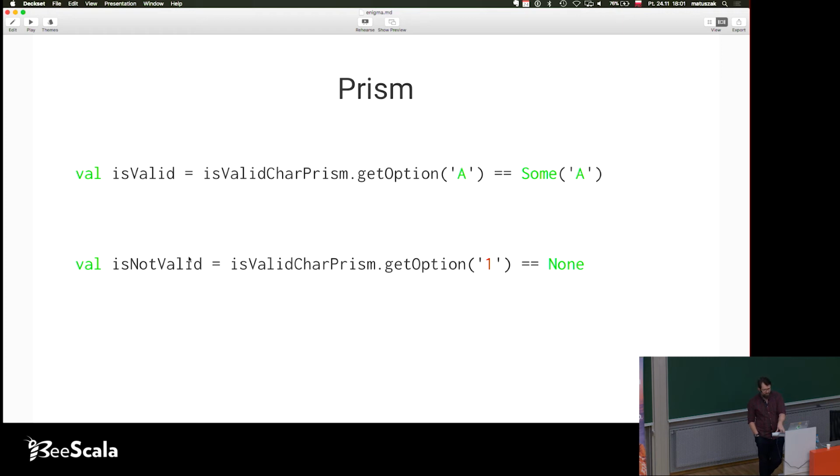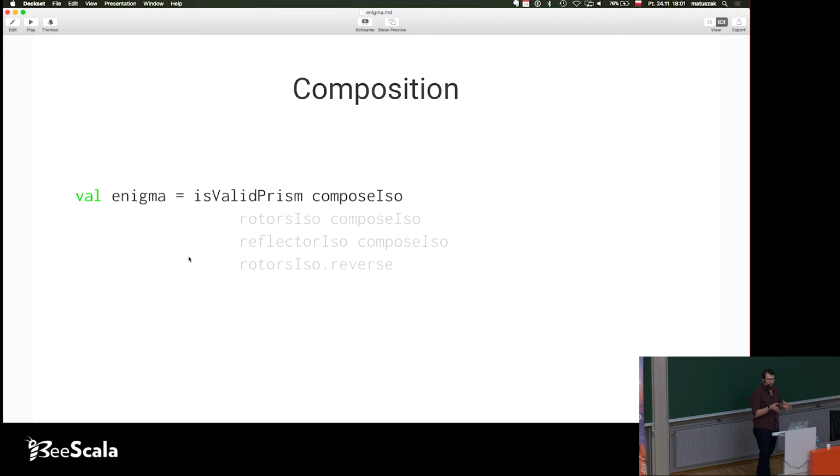And again, you may say why it's interesting. Because you can compose Prism, and you can compose this with isomorphism. And here is where it starts to be really useful. So first step, you are taking our validation of the input parameter. Then we are composing this with our isomorphism representing rotors.